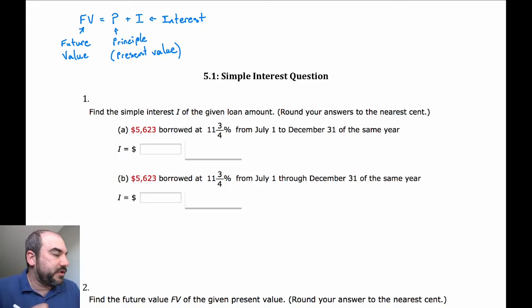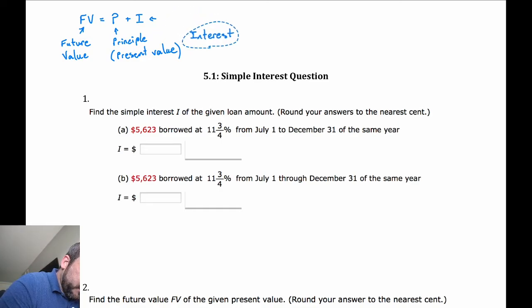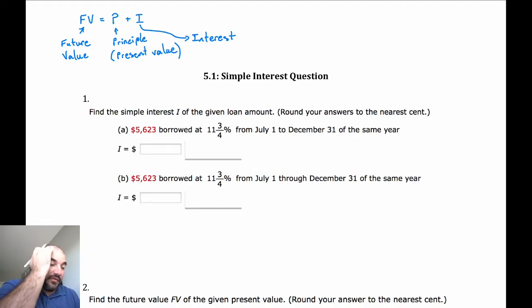So future value is just simply whatever the present value is plus whatever interest that loan gains over whatever amount of time the future value you're trying to calculate is. So that is our formula for future value.